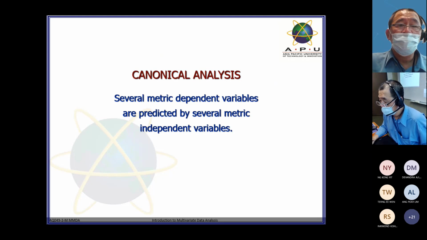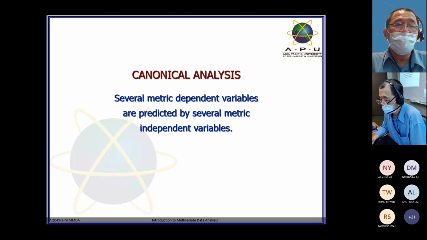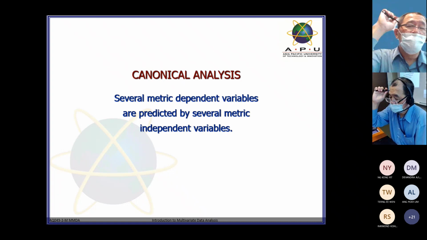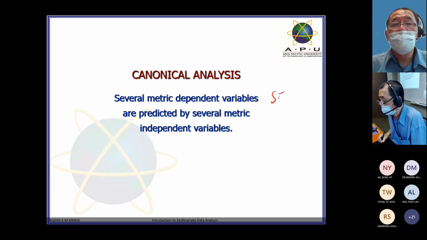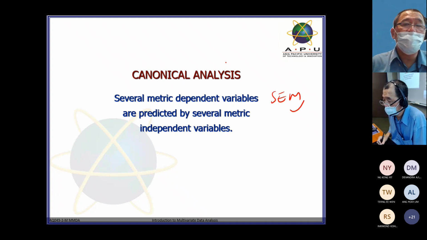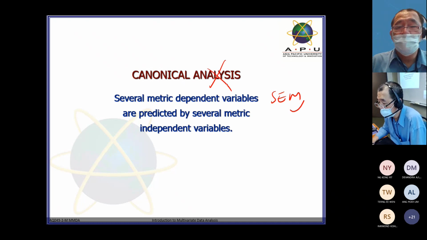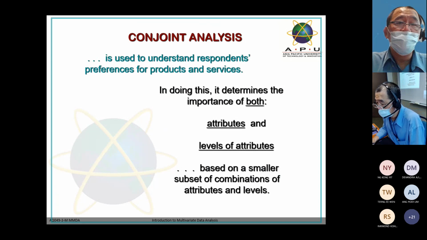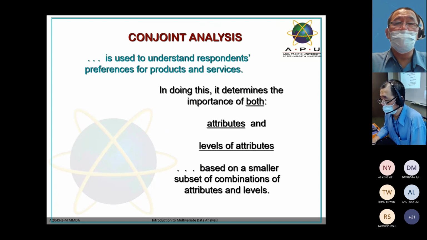It's also several metric dependent predicted by several metric independent. We can do this also using the SEM, not this method. So also not going to discuss too much in this module.